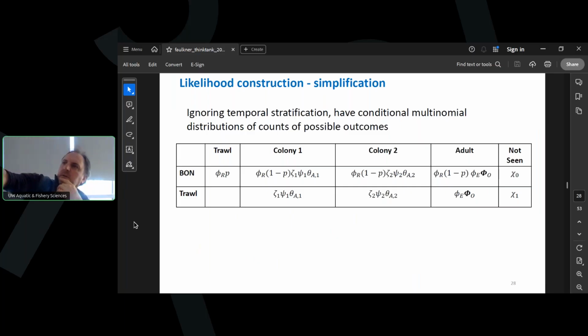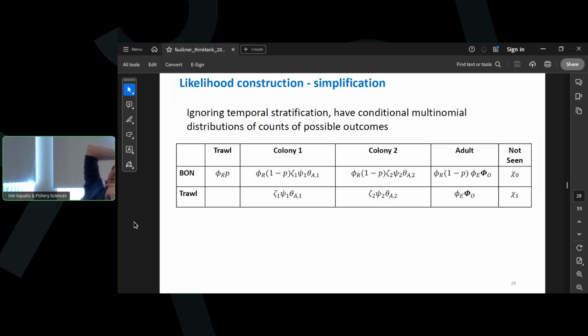Then for the next row, the number detected at the trawl becomes the starting number, the number released for that row. You can add in fish that were not detected at Bonneville but were first detected at the trawl, and put those together, and then you have another multinomial distribution described by those probabilities.